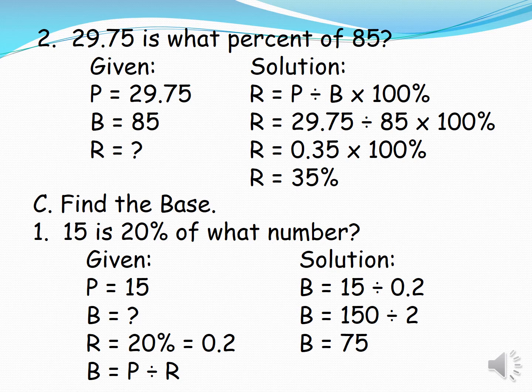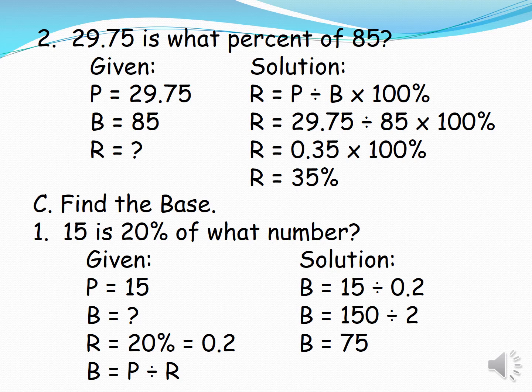Letter C. Find the base. Number 1. 15 is 20% of what number? Given percentage is equal to 15, base is unknown, rate is equal to 20%, equal to 2/10 in decimals. Finding the base is equal to percentage divided by rate.